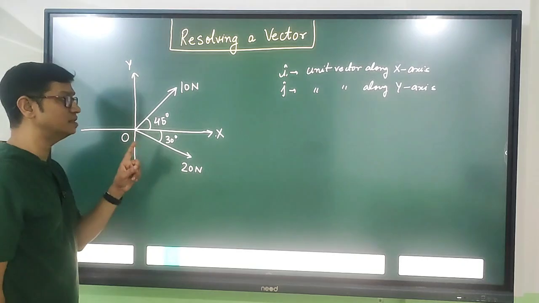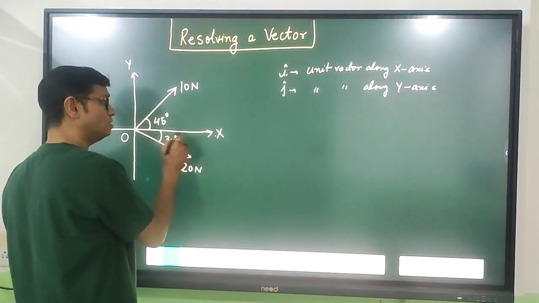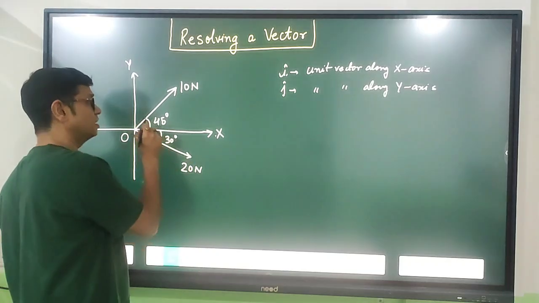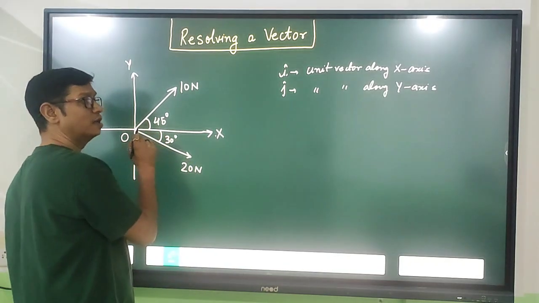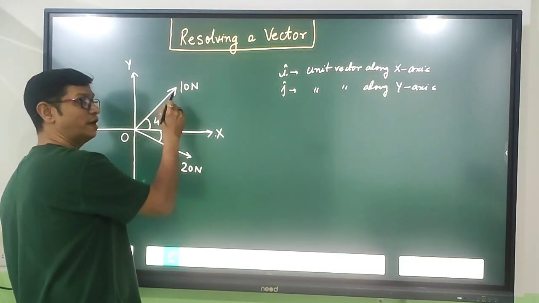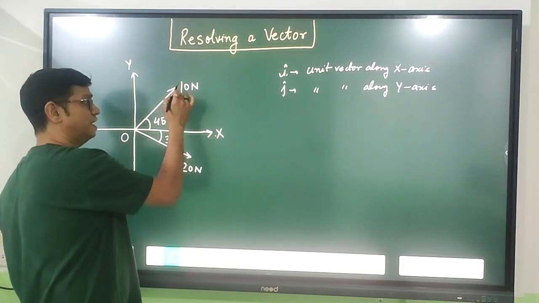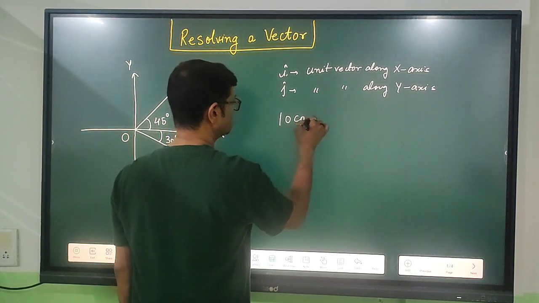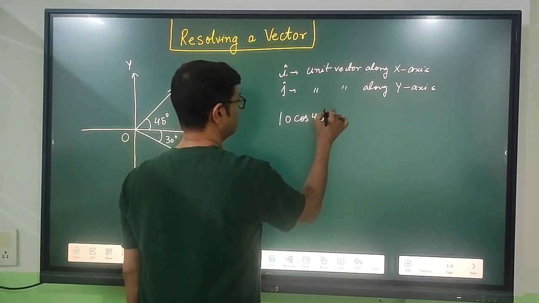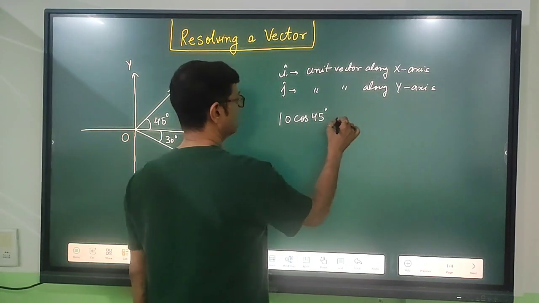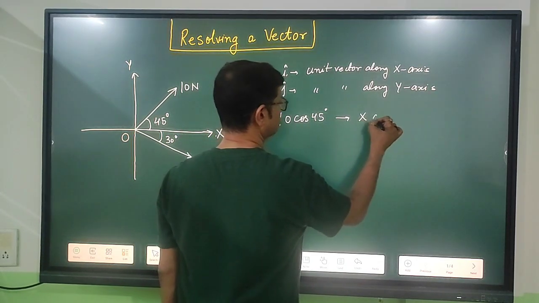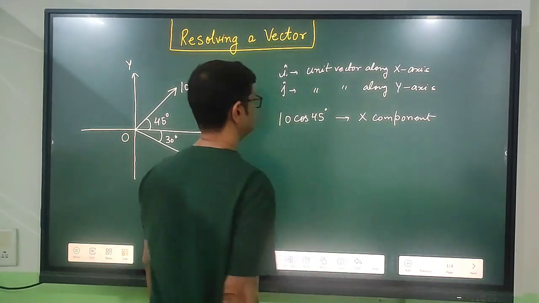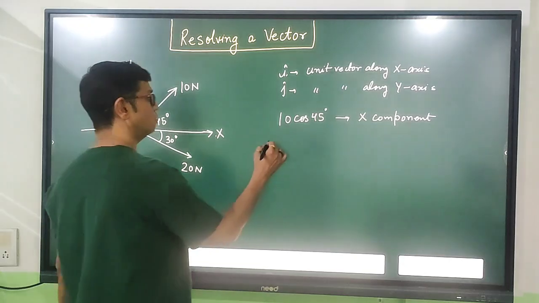The other concept is, along the axis from which you are measuring the angle, the component will be the vector times cos, that means 10 cos 45 degrees. This will be our x component of the vector.